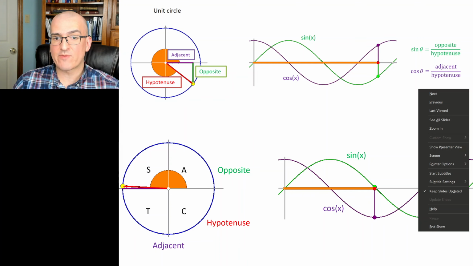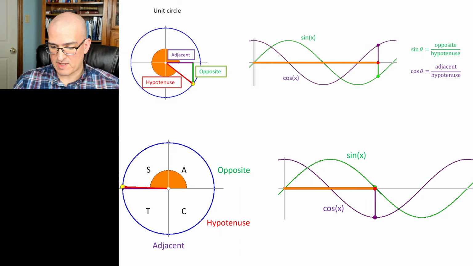And that's exactly what happens as we hit 180 degrees, or pi radians. The cosine function's y value is going to become -1. We're also about to cross into the region on the unit circle where the opposite is going to become negative. So let's see that when that happens.